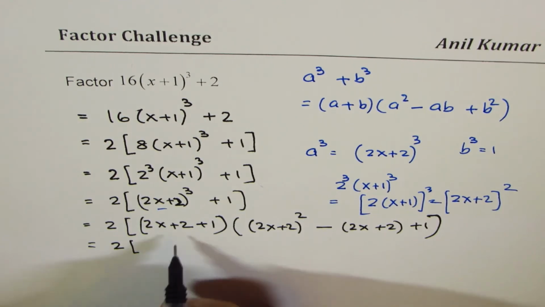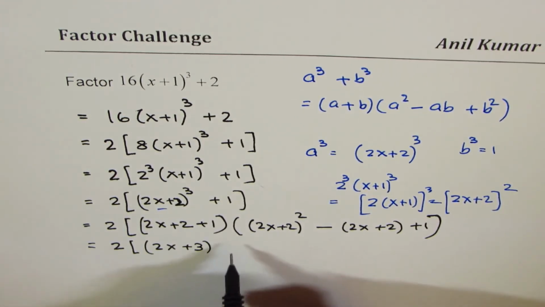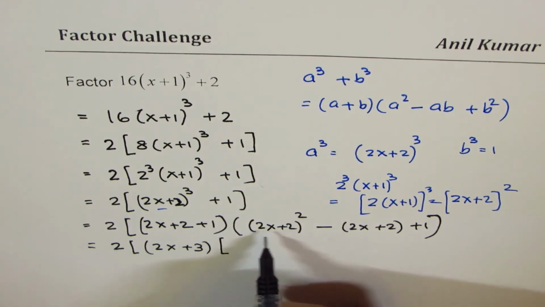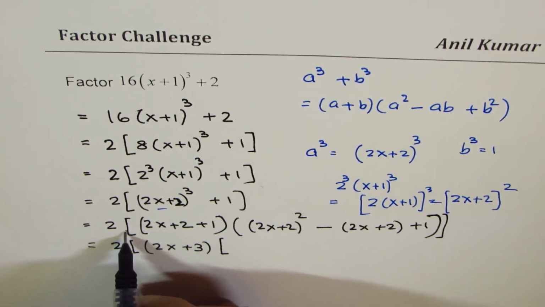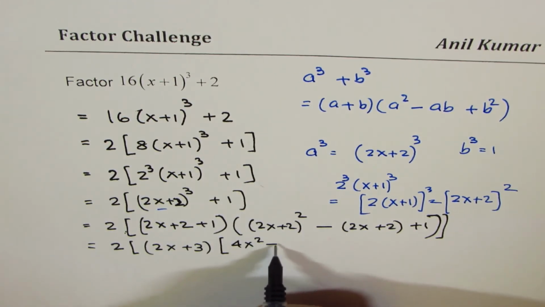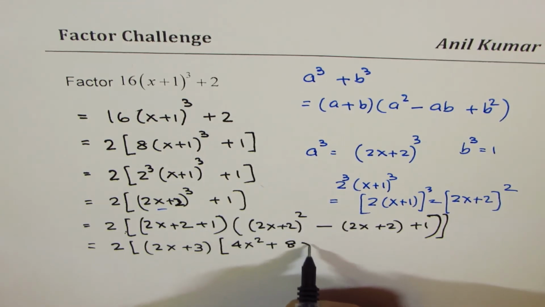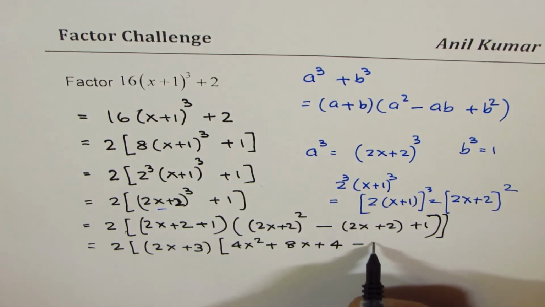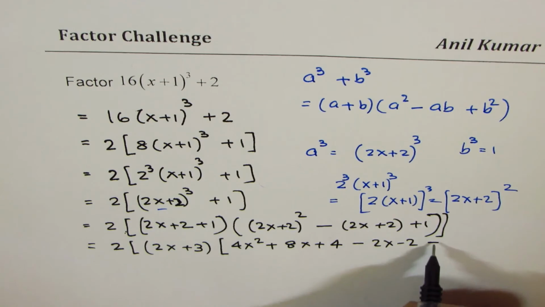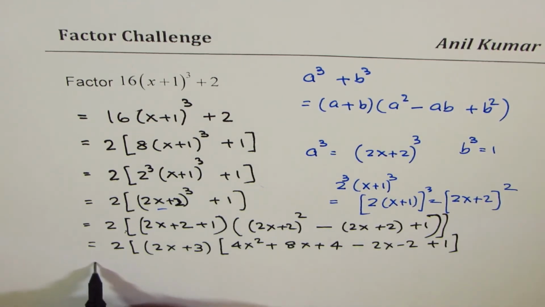So we get 2 times (2x plus 3). Now here we get another bracket closed for this. When you open this, you get 4x square plus, twice 2 times 2 is 4, 4 times 2 is 8, 8x plus 4 minus 2x minus 2 plus 1. Right. So let's simplify that.